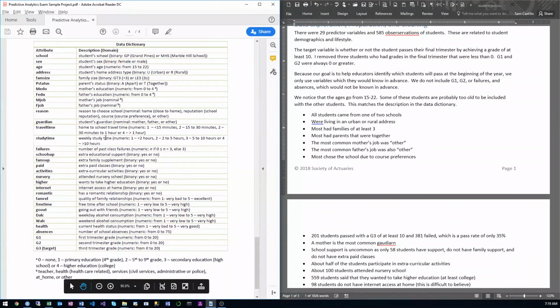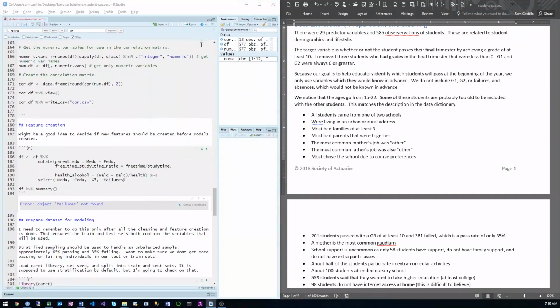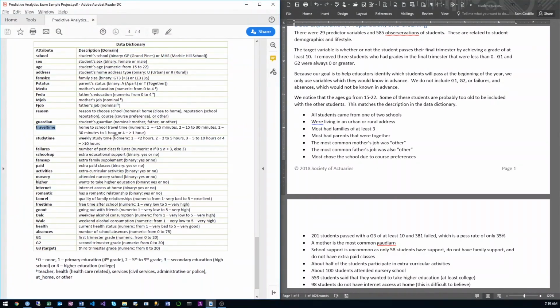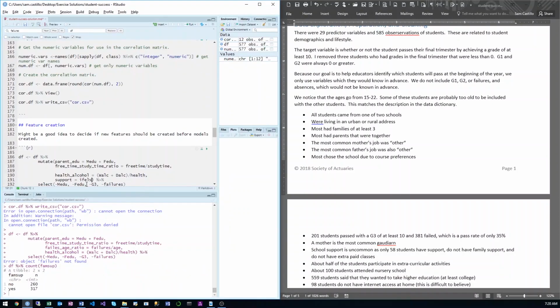Okay, let's just create another variable. Let's say travel time and address. If their travel time is 2 or greater times their address. This isn't very interpretable. Let's think. Let's use any support. So if they have school support or family support, this is if else school support equals yes.